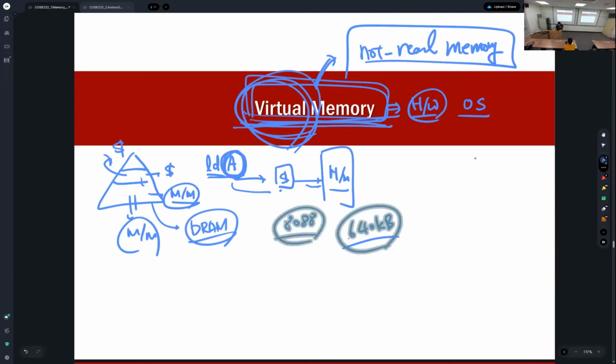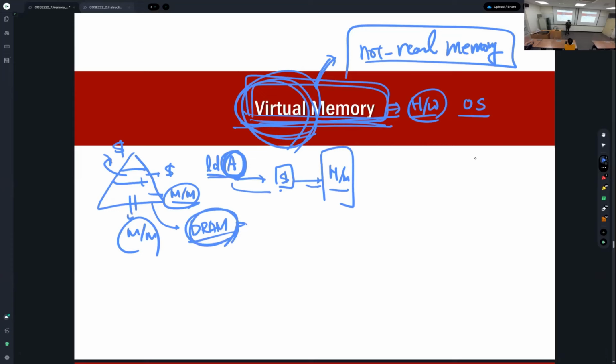So what's the problem? In a computer system, the DRAM size is very small. The cache size is also small, but the DRAM size is also very small. But we want to use large DRAM. That is the dream of software engineering, right? Software engineers want to access a large amount of data.